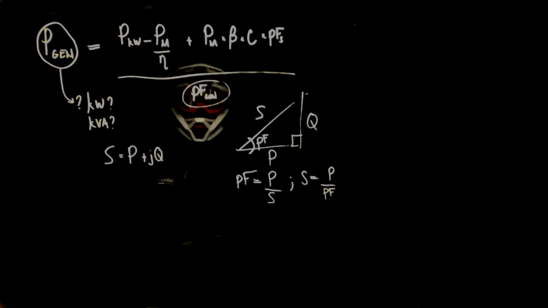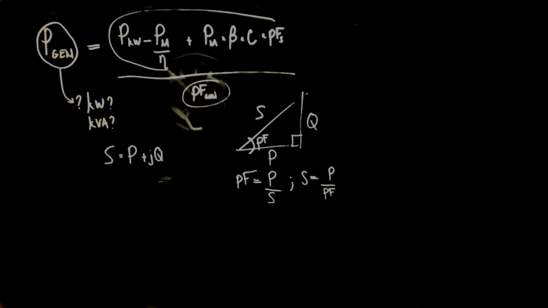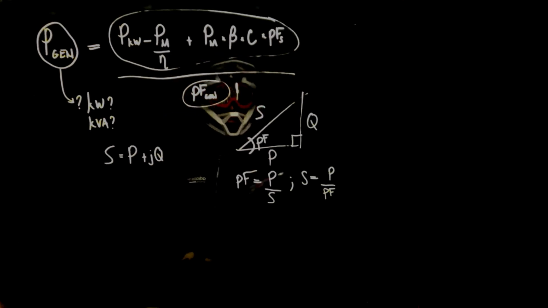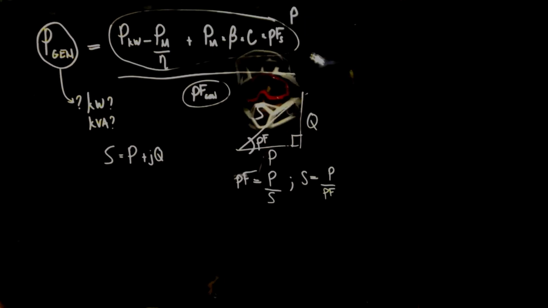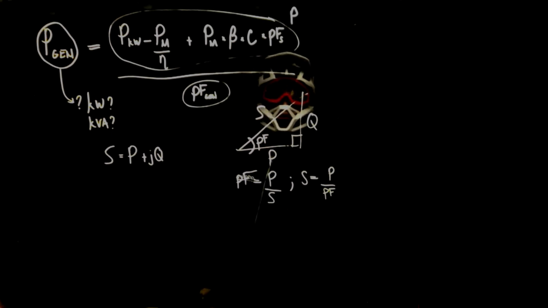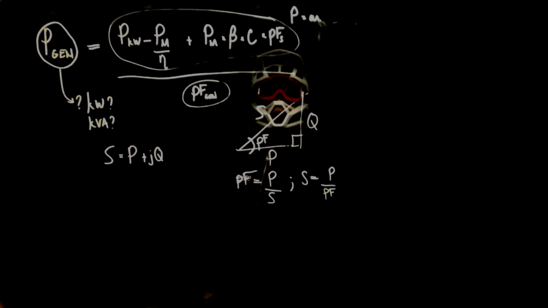So that's it. If I have the power factor here, then this whole thing right here becomes my P. Right? The next question was, is this P output or input?